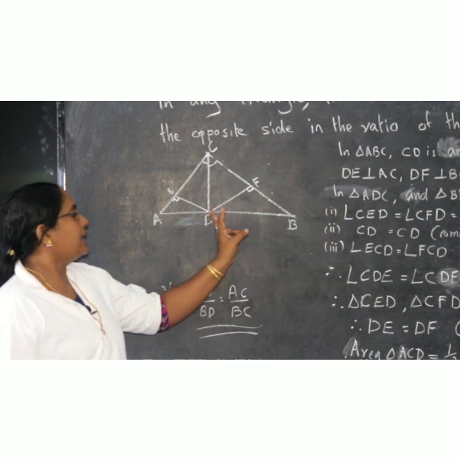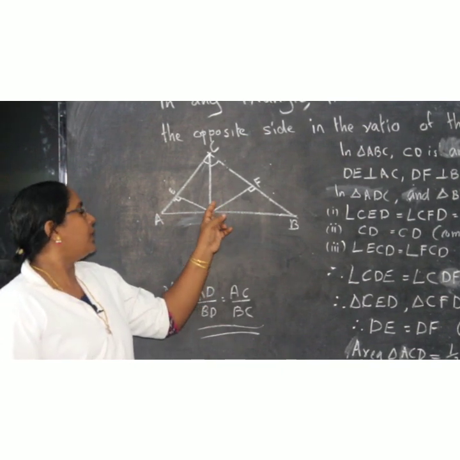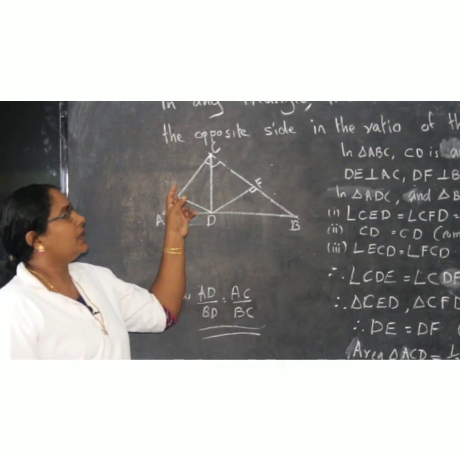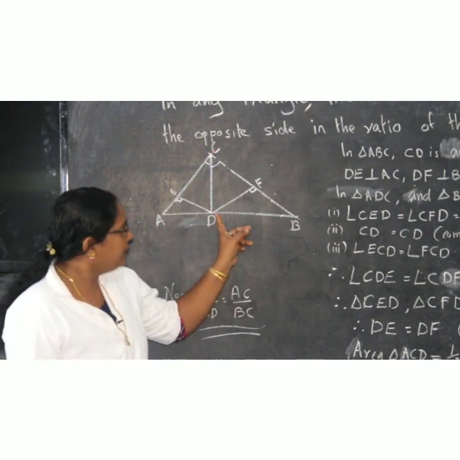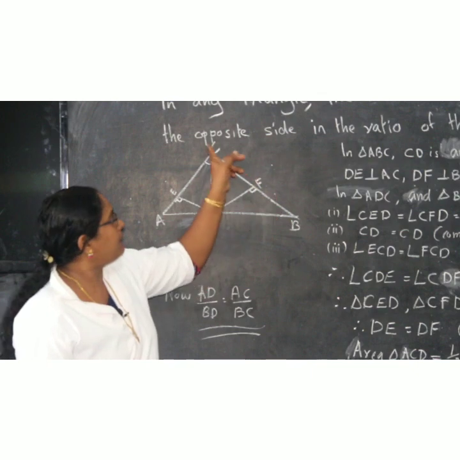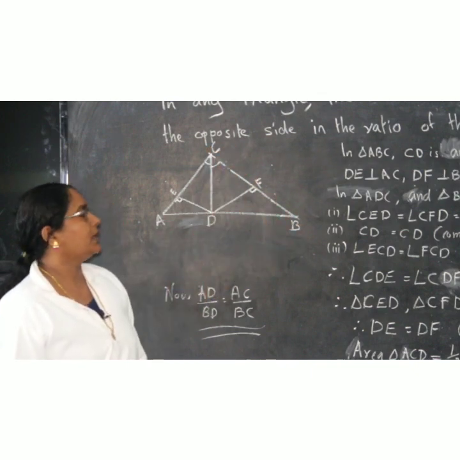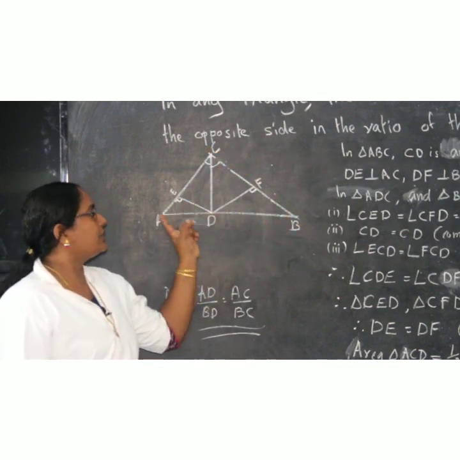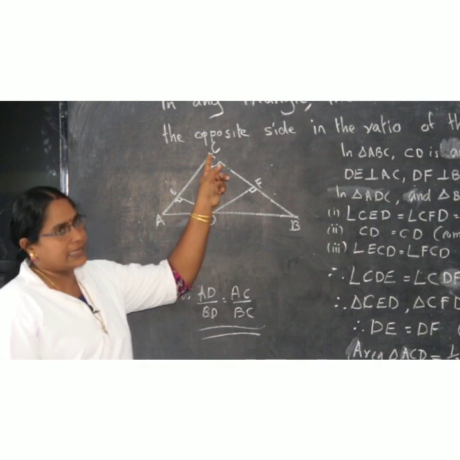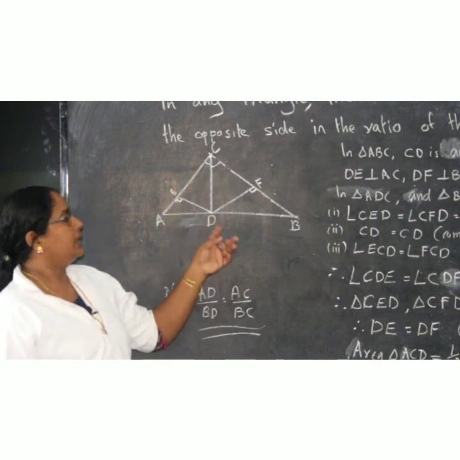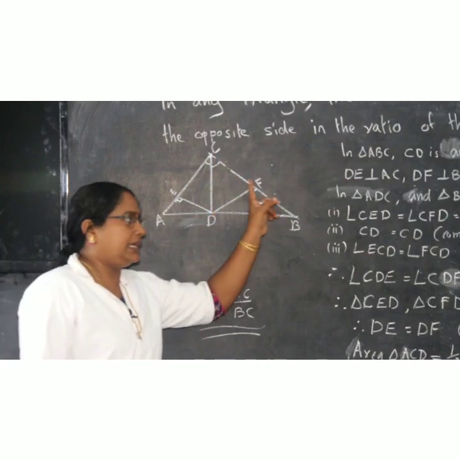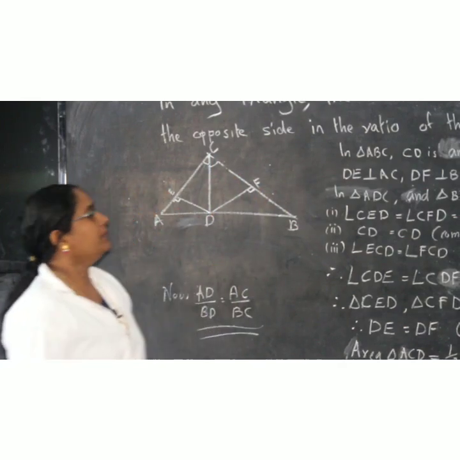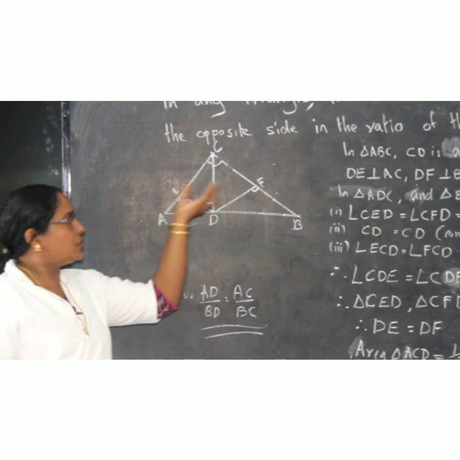Then again I draw DE perpendicular to AC. Similarly, DF perpendicular to BC. This is the height of triangle ADC, DE. Triangle DBC has height DF. Therefore, again consider two triangles.